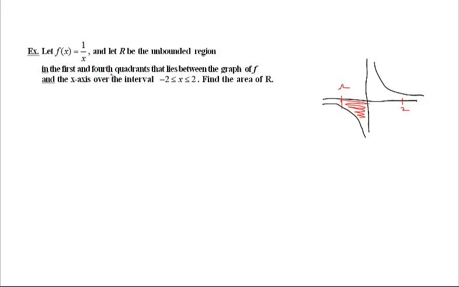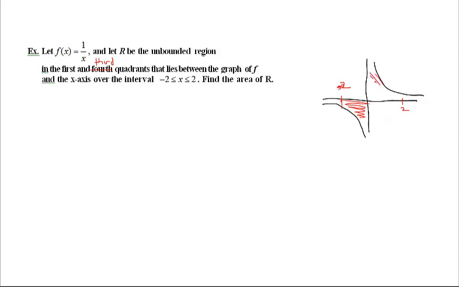It's on your worksheet. It's on my worksheet. It's the way it came to me, but it doesn't make sense for our graph. The unbounded region in the first and fourth quadrant. That should be the third quadrant there. Interesting. That lies between the graph of f and the x-axis over the interval from negative 2 to positive 2. Yeah, that wouldn't make sense in the fourth quadrant.